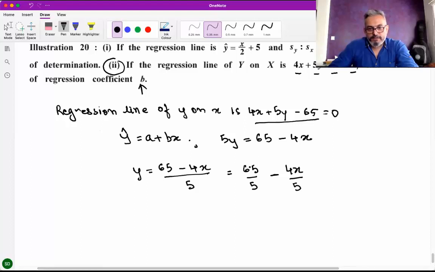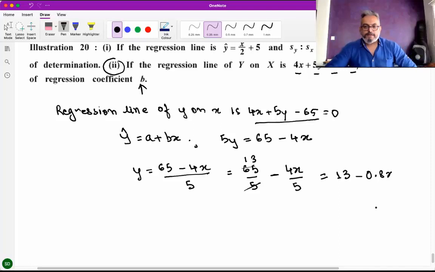So 5 13s are 65, which is equal to 13 minus 4 upon 5 is 0.8, 0.8x.